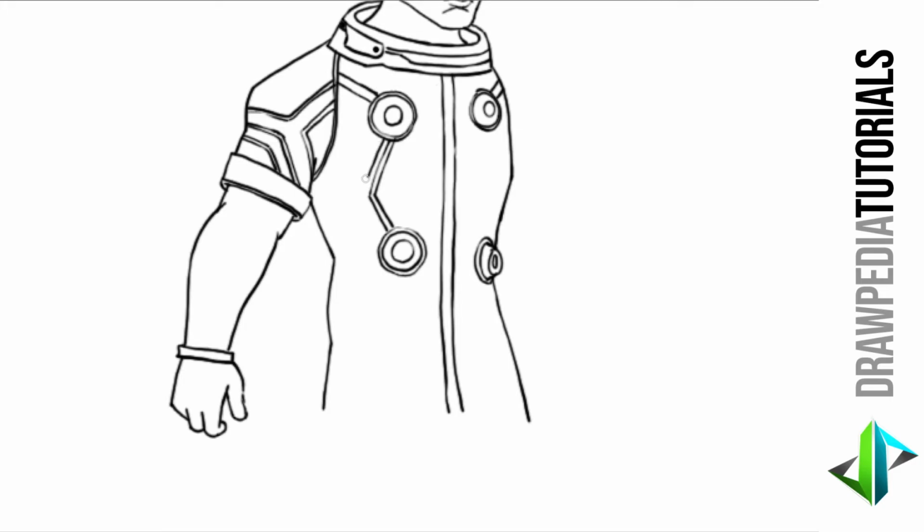And at the top point, diagonal line down, turn it outwards and up at that corner, and trace this diagonal line back in. Below that, a line out to the side of his outfit, and another one below that.